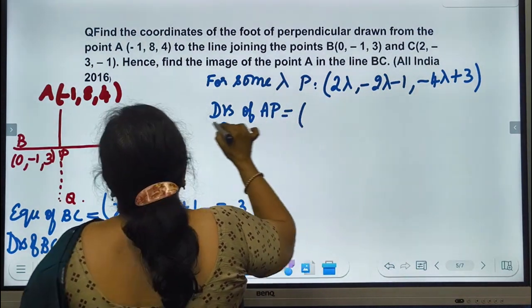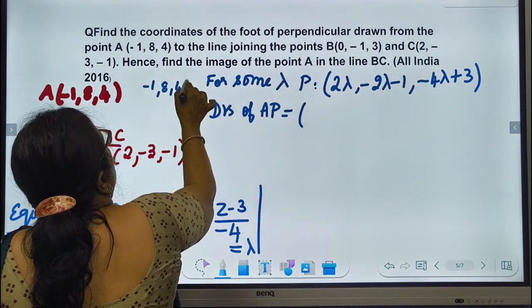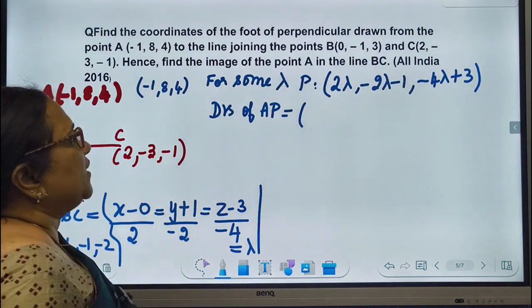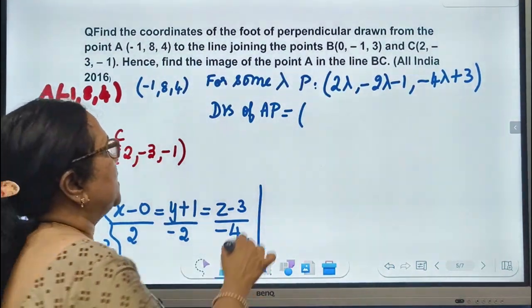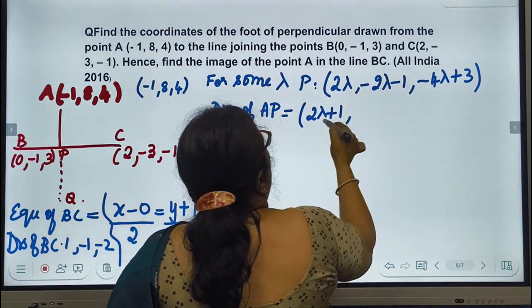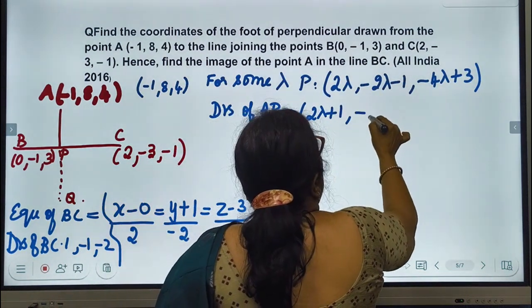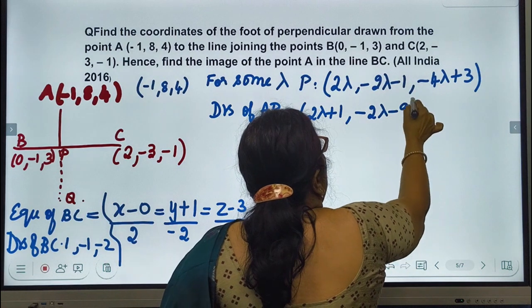So what will be the DRs of AP? They are given by x2 minus x1, y2 minus y1, z2 minus z1. So 2 lambda plus 1. Then minus 2 lambda minus 1 minus 8, which is minus 2 lambda minus 9.